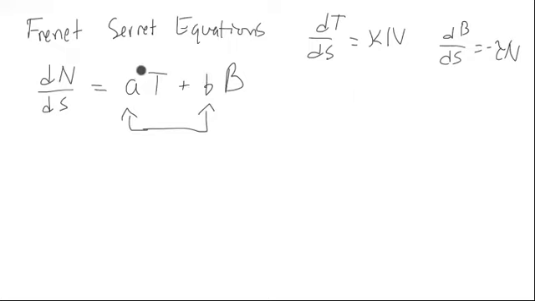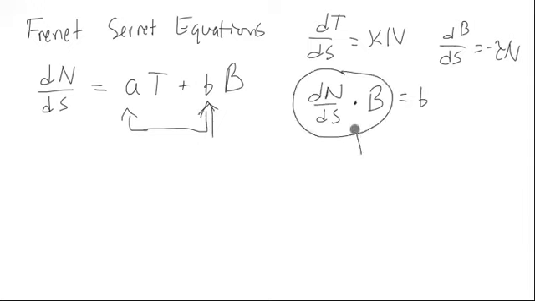Now, keep in mind T and B are unit vectors and they're orthogonal to each other. In particular, if I take this whole thing, which is dN/ds, and dot it with B, think of the dot product distributing through: B dot B, since B is a unit vector, you just get 1. And over here you get 0 because they're orthogonal to each other. So you end up just getting b. In other words, if you want to know what this coefficient is, you simply need to figure out what this is.